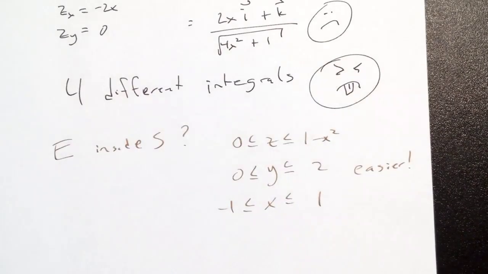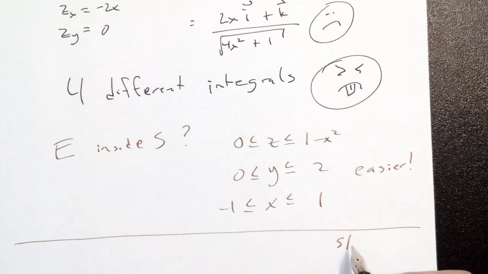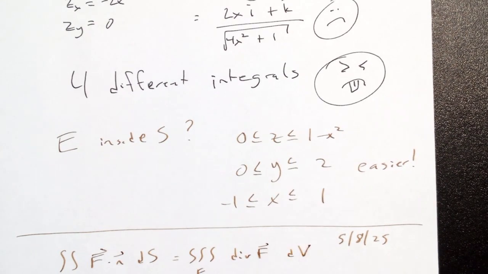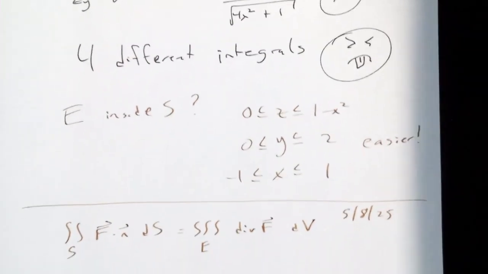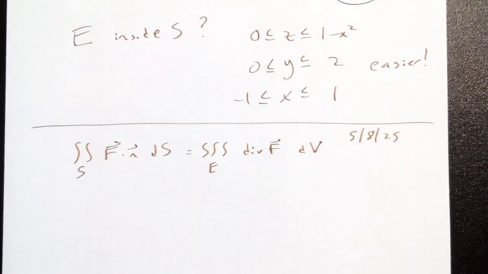So I turn my surface integral into a volume integral. In order to do this properly, I need to compute that divergence.